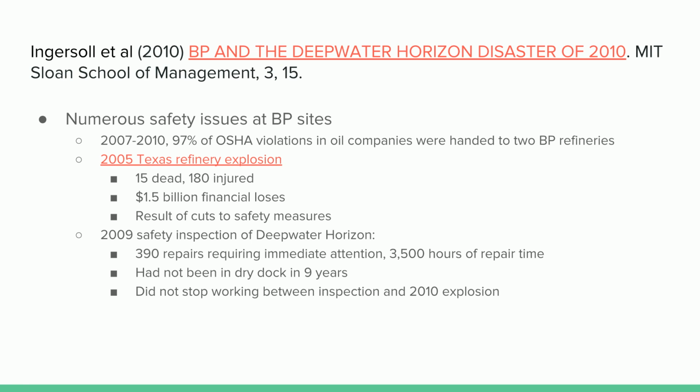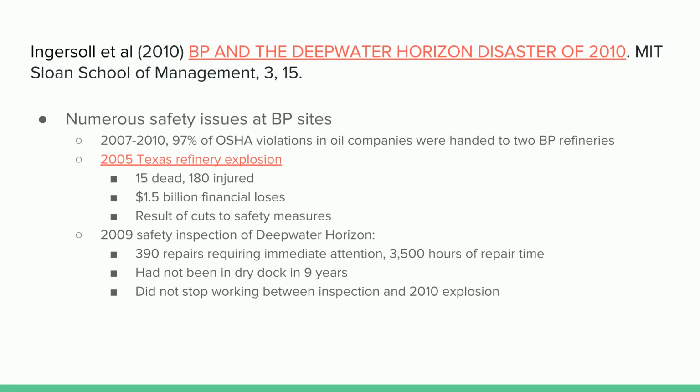In fact, 97% of OSHA violations to oil companies were handed to only 2 BP refineries over the period of 2007 to 2010. A lot of these have to do with the Texas oil refinery explosion in 2005, a major explosion at a refinery in Texas that ended up killing 15 people, injuring another 180 people, and causing $1.5 billion in financial losses.